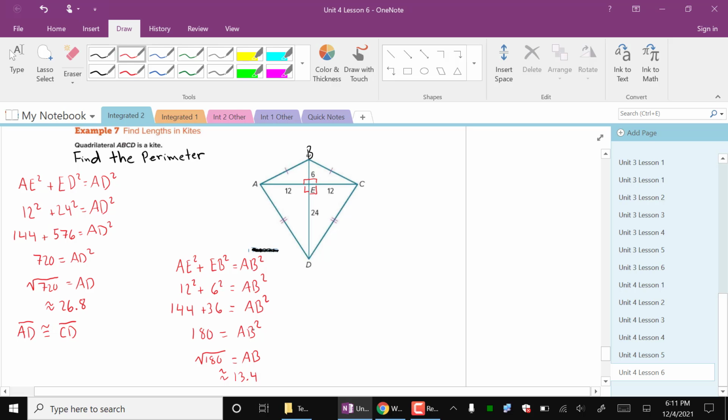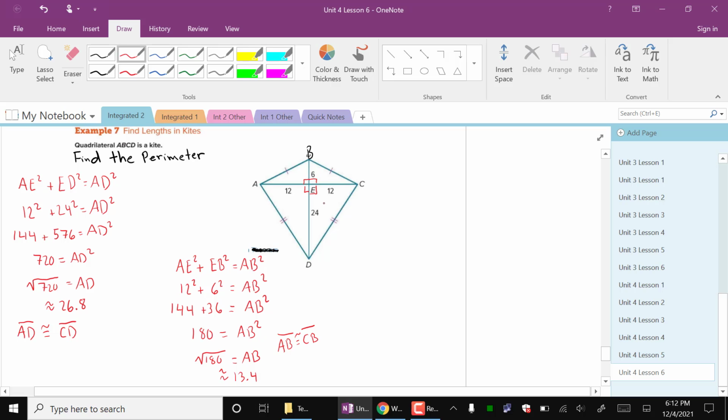Just like we did over here, I see that AB and CB are congruent. What does that mean? That means that this is 13.4.